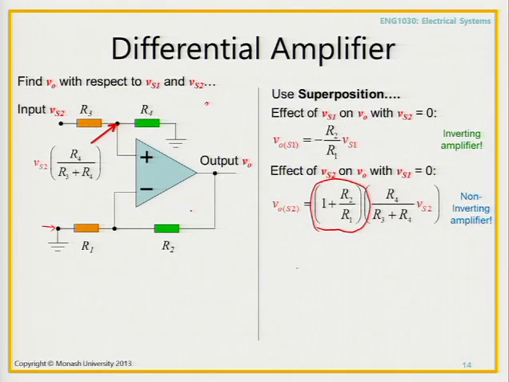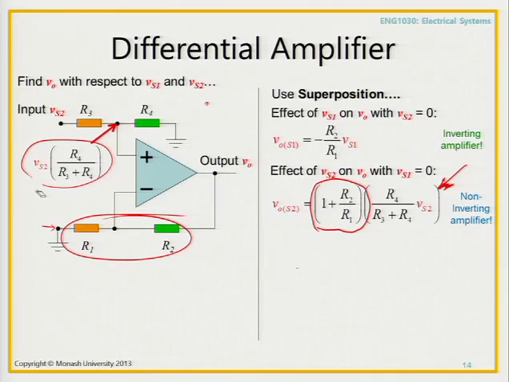That's caused by this part of the circuit. And this was the signal part of the non-inverting amplifier, which we know here is VS2 times R4 over R3 plus R4, because that's what's here. Okay, so this is just a little shortcut, a neat trick. You don't need to do that. You can do it from first principles.